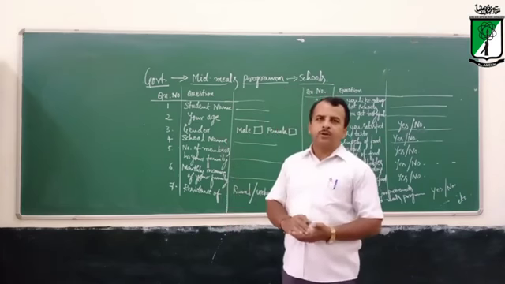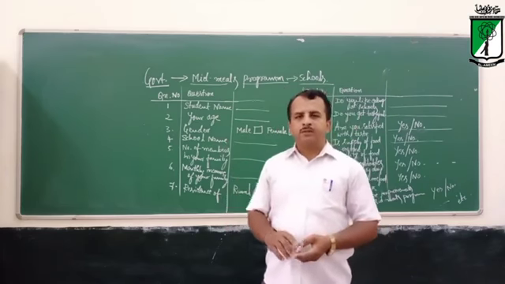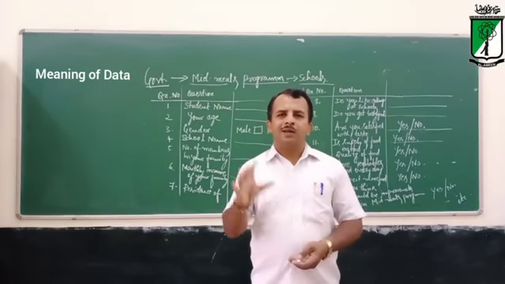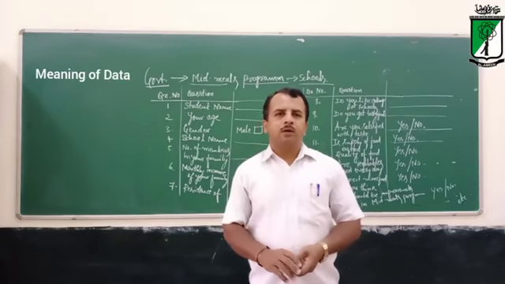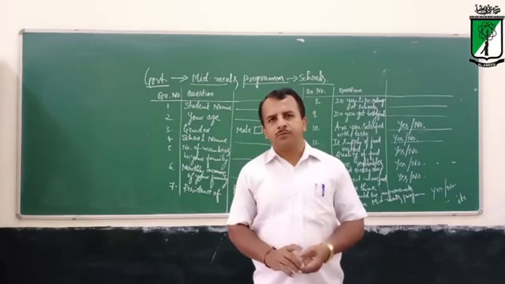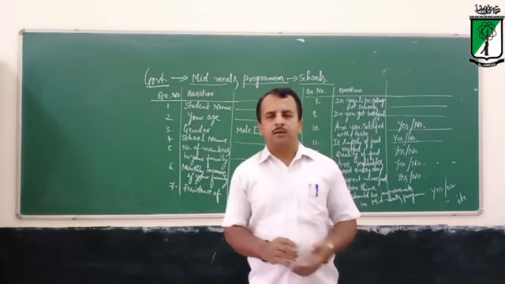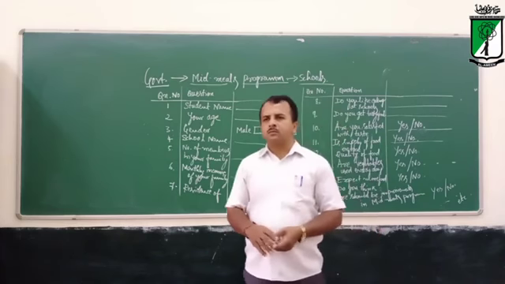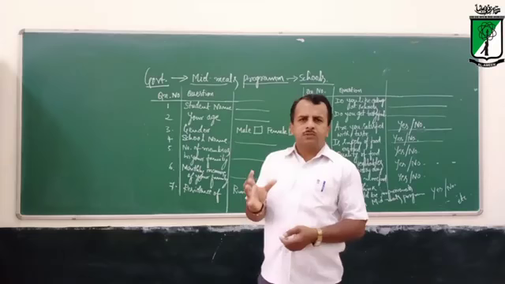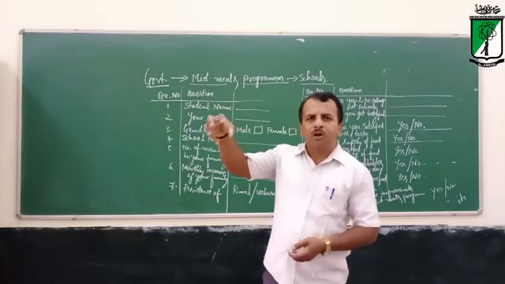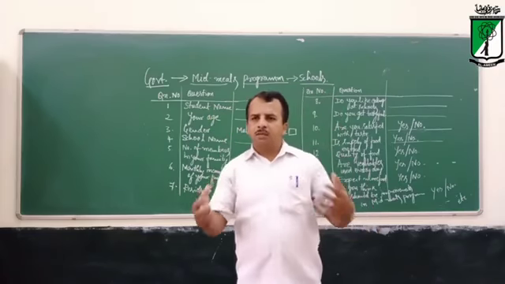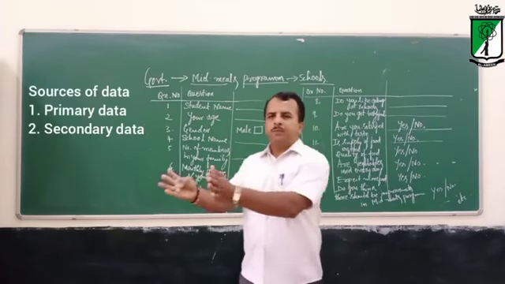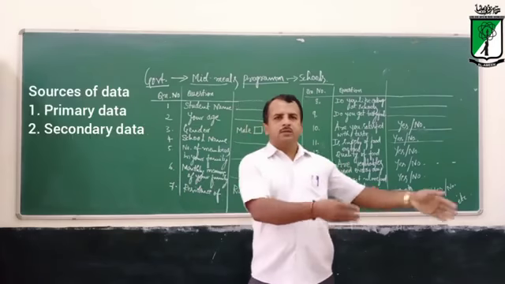So please concentrate. In this chapter, we first discussed the meaning of data. What exactly is meant by data? Data are nothing but economic facts which are collected, or information collected on economic facts, and methods of collection of data, like primary data and secondary data.